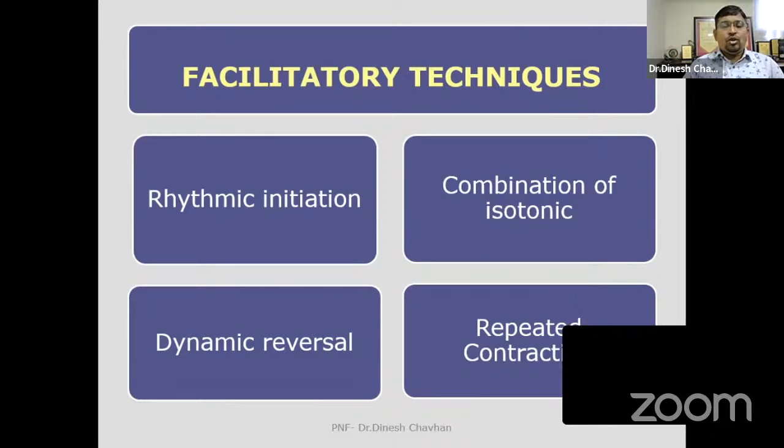So next is combination of isotonics. In a combination of isotonics, the name itself says that the movement will be isotonic. Combination is a combined movement. Whenever we want to do any movement, task or activity, sometimes the same muscle has to work eccentrically, after some time concentrically, and in between the muscle has to hold, that is isometric, a static contraction.